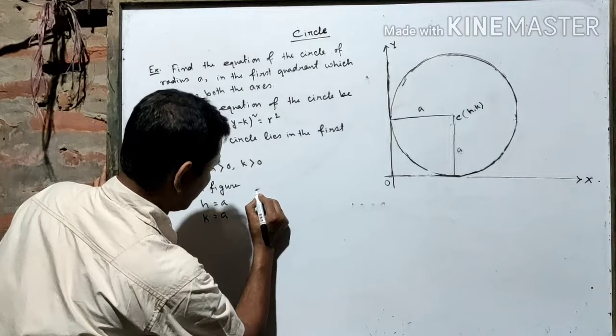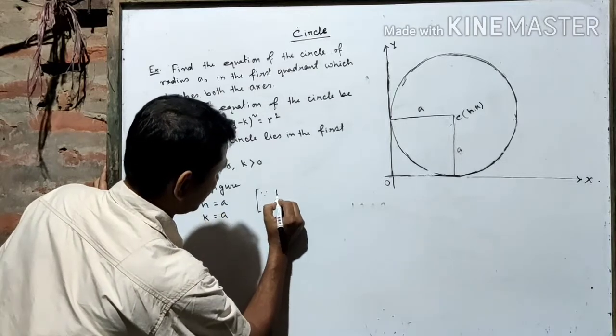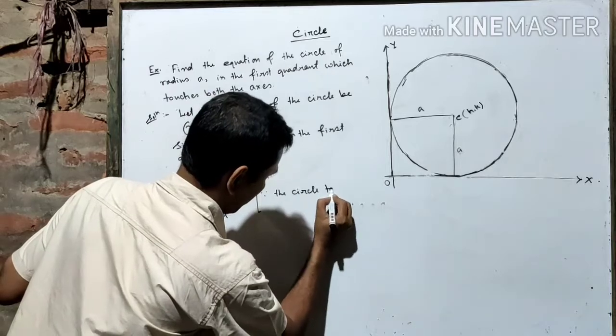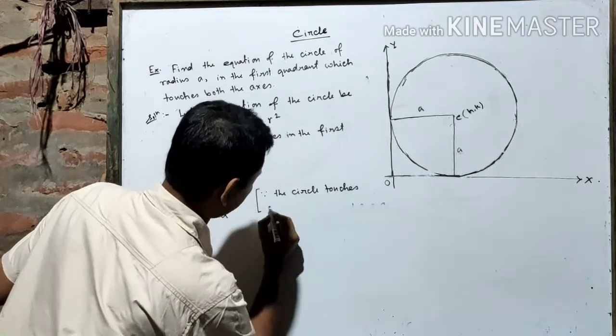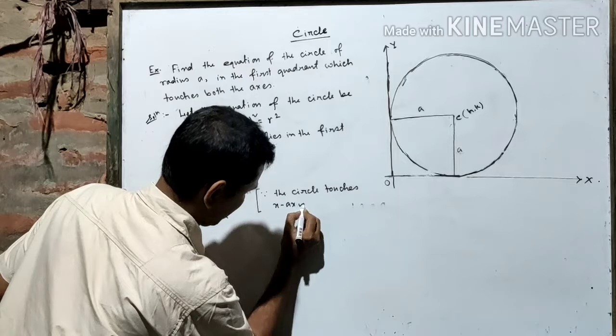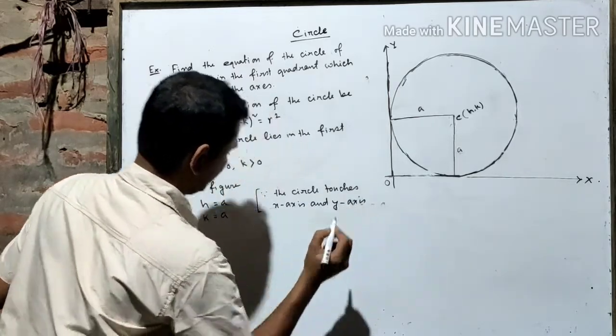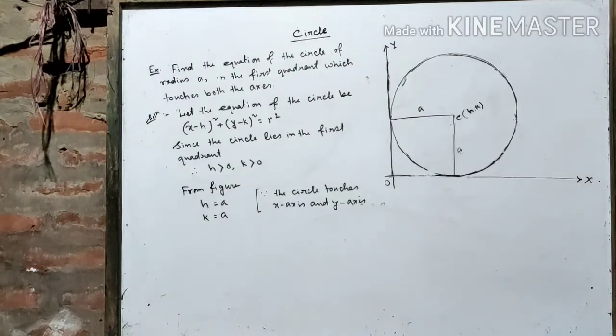Since the circle touches the x-axis and y-axis, that is why h is equal to a, k is equal to a. Okay.